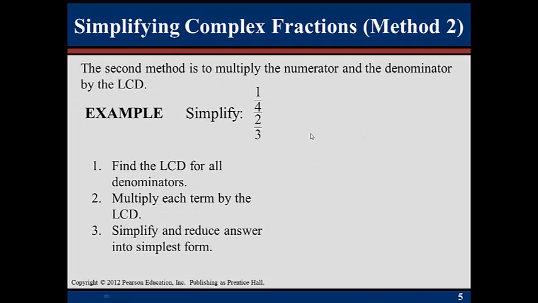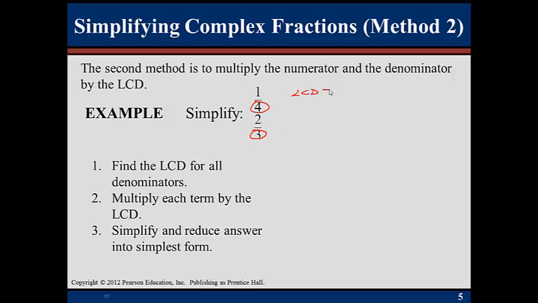Now the same problem, 1/4 divided by 2/3, can be simplified by method 2. Method 2 requires that you find the LCD for all denominators. So how many denominators do we have? We have two of them. They are 4 and they are 3.